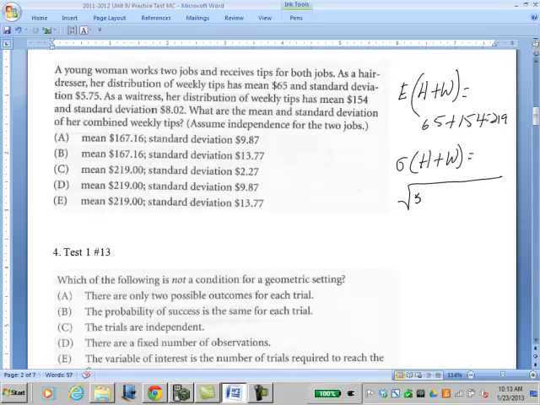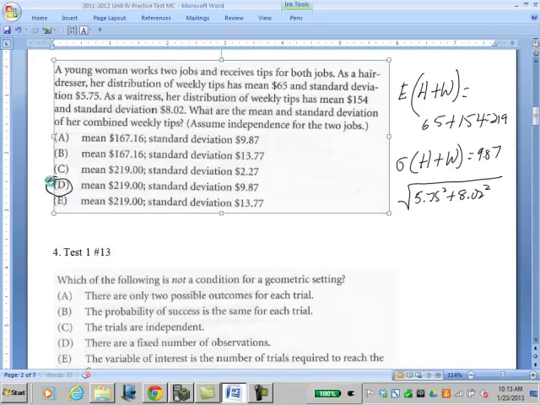So 5.75 squared plus 8.02 squared. And that number is 987. So the answer is D. Okay.